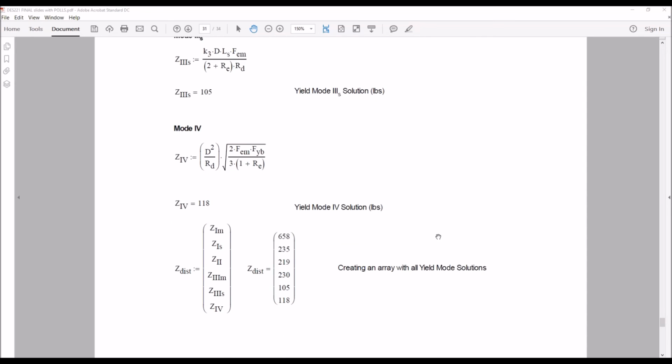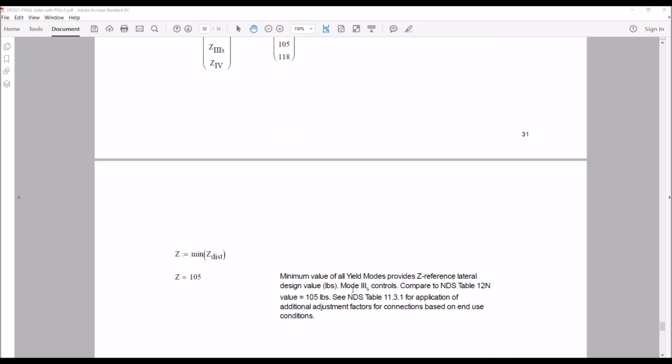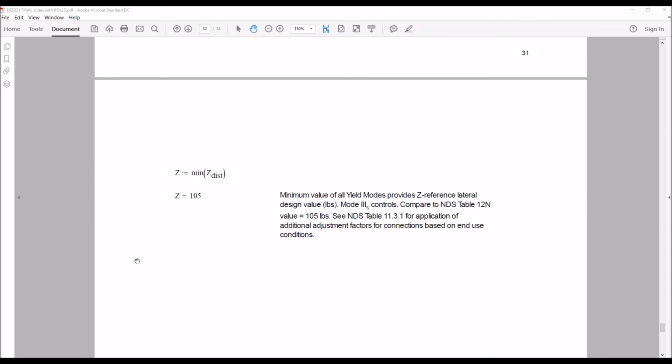What I've done here is I've just created an array with all of those yield mode solutions in MathCAD, and then that makes it easier to pick out the minimum of the value. So our minimum yield mode value in this example is based on mode 3S. Remember that's side member. So we got a value of 105 pounds.